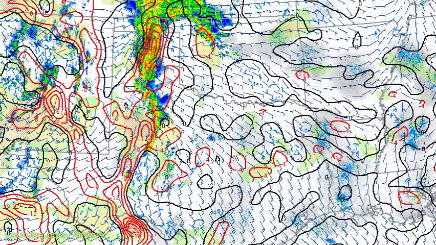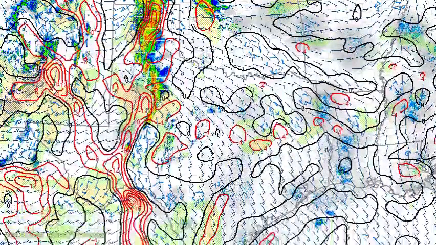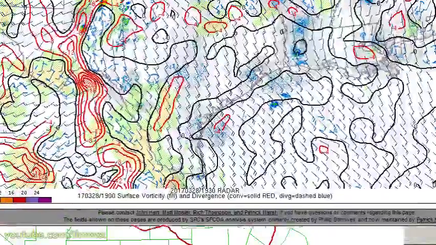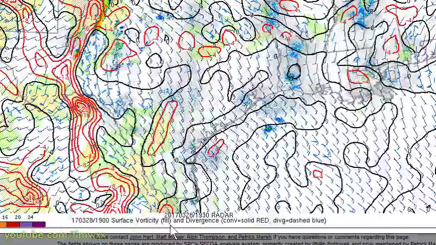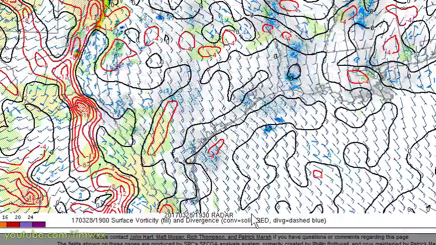You can use this to a certain extent to find your boundaries when you're going through the surface data and trying to find your fronts. You can see that this has surface vorticity and divergence. And a lot of times when you have a boundary across an area, you're going to have convergence along it, like where we have this red showing here. That could be a potential boundary.